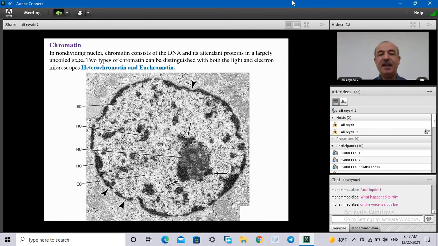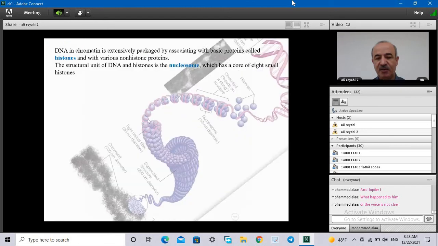In a non-dividing nucleus, chromatin consists of DNA and its attendant proteins in a largely uncoiled state. Two types of chromatin can be distinguished with both light and electron microscopy, heterochromatin and euchromatin.